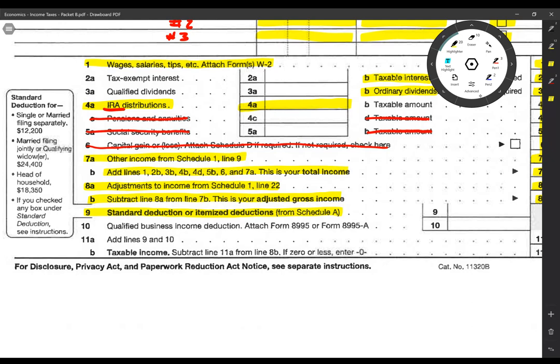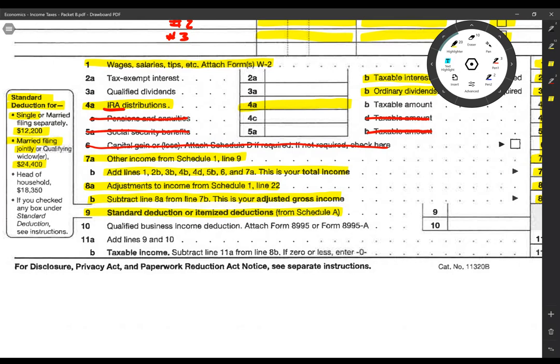All right, so standard deduction for single, married filing separately. Well, for single is $12,200. For married filing jointly, it's $24,400. Anybody notice a difference between the two? One person, two people, they double it. That's it. All right. So standard deduction.